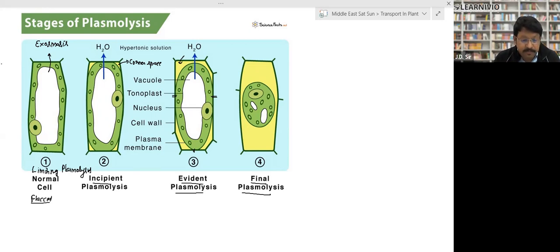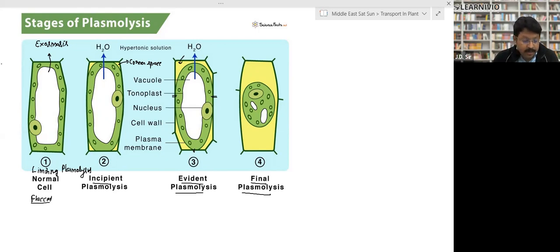Next, evident plasmolysis. The hypertonic solution now enters the cell, in between protoplast and cell wall.